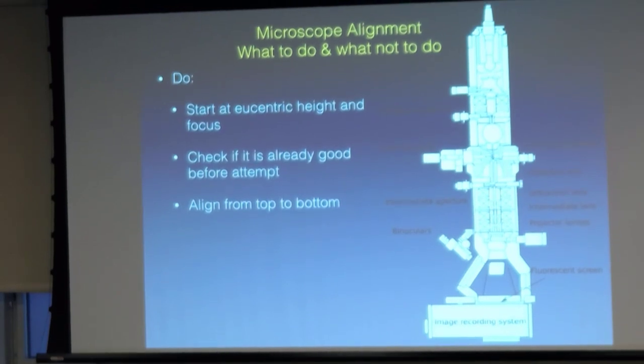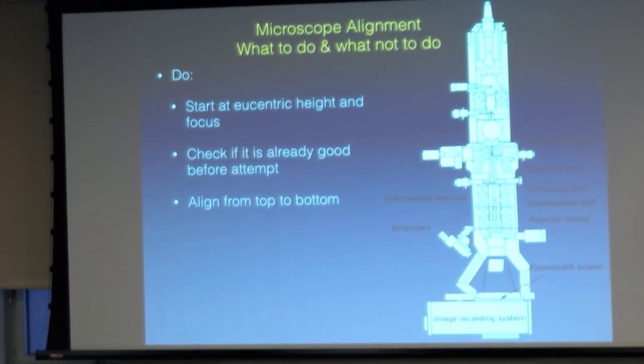The eccentric height means that when you take your stage, your specimen in there, if you tilt that specimen, it's not going to move up and down at your optical axis. Okay? So basically, that means that your tilt axis is right on that axis, and relative to your objective lens, it's right at focus there.